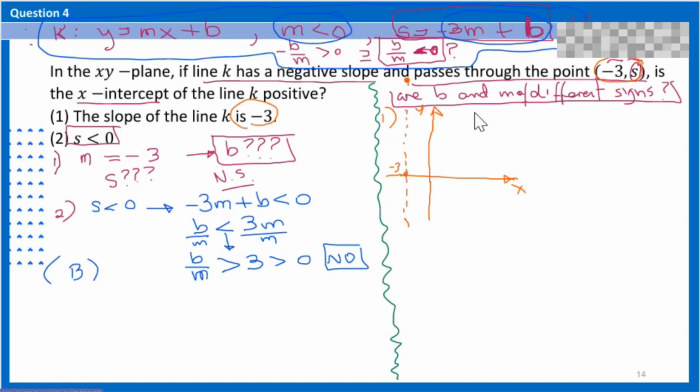So it's a steep line with descending orientation. Perhaps something like this? So what is the x-intercept? Well, it's positive. And if S were very, very far upwards with a very big positive value for S, then probably the line could look something like this, right? With an x-intercept that would be clearly positive.